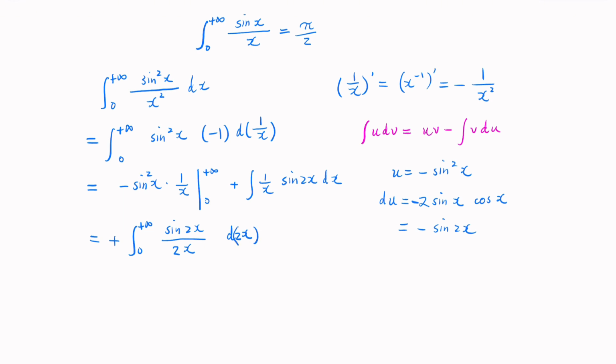So this 2 would cancel. 0 to positive infinity, and then sine u over u du. If we use change of variable here, u equal 2x, right? So in other words, this also equals pi over 2.